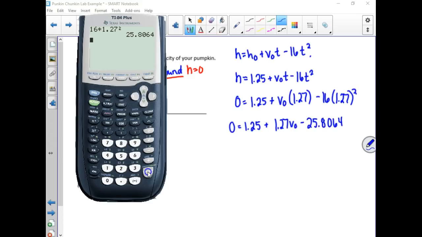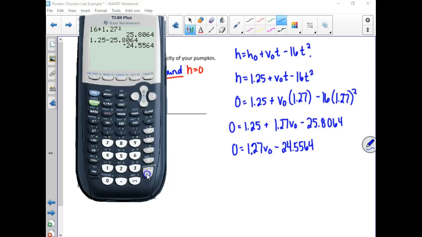25.8064. I'm going to combine my like terms now, so that 1.25, I'm going to subtract the 25.8064, so I get negative 24.5564. So I've got 1.27 v sub 0 minus 24.5564.